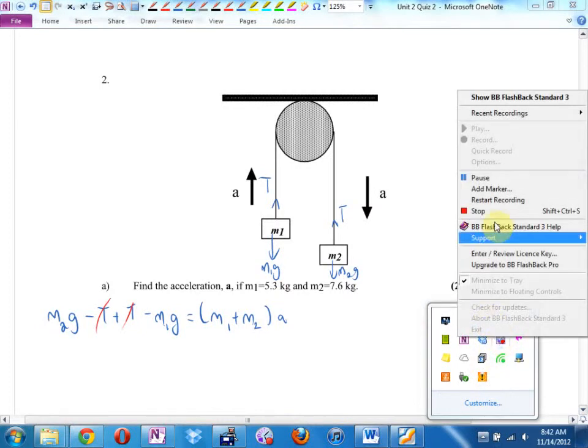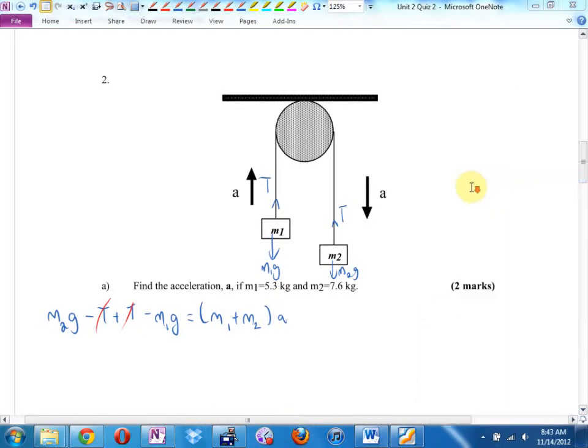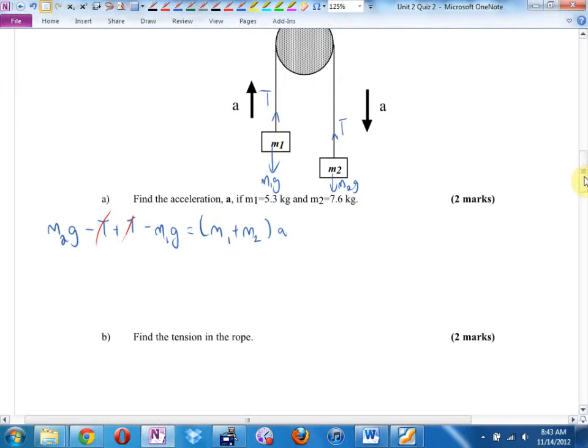I have a latecomer. Continuing on where we left off. I think I'm going to get an acceleration that equals m2g minus m1g all over m1 plus m2.